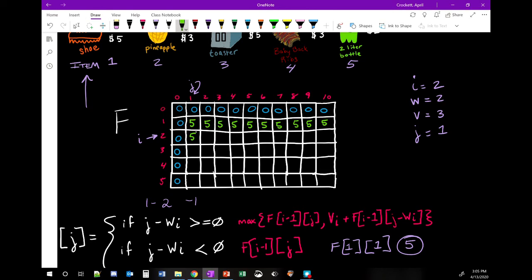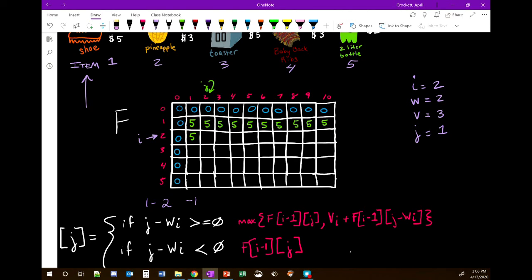Okay, and then we're going to increment j. j is now 2. And so we say 2 minus the weight of our item, 2, is 0. So this time we will be doing the first equation where we find the max between two cells.